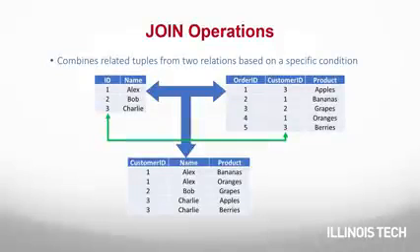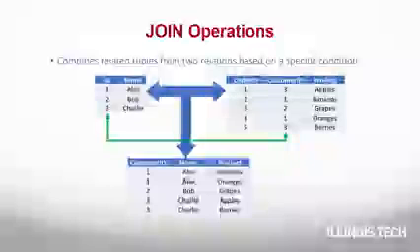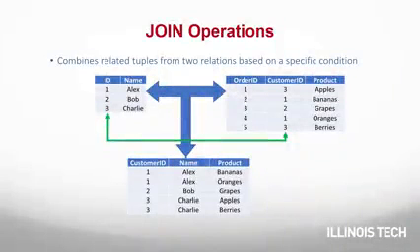Now, to recall, what a join does is it combines related tuples from different relations, different tables in our parlance today, based on some specific condition that combines them. So, for example, we might combine a customer table together with an orders table based on the customer ID being identical to form a new view of the tables that shows the customers together with the various orders that they've made.